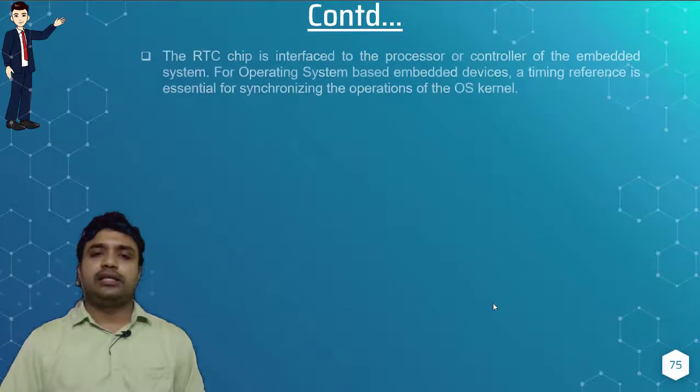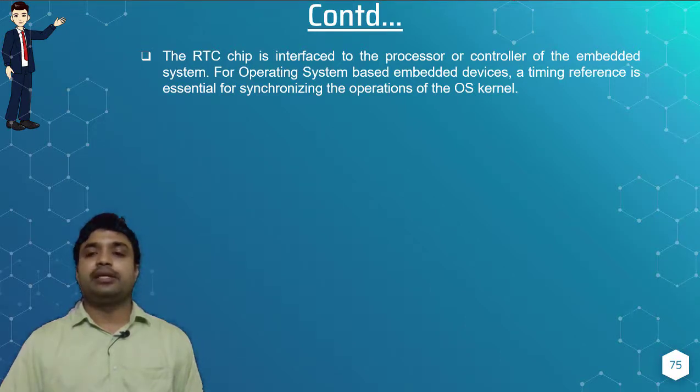The RTC chip is interfaced to the processor or controller of the embedded system, and for operating system based embedded devices, a timing reference is essential for synchronizing the operations of the OS kernel. The OS has the kernel functionality, and every application is operated under kernel control. So the kernel takes note of all the applications and maintains a log report accordingly.